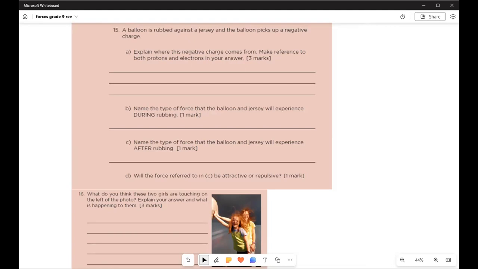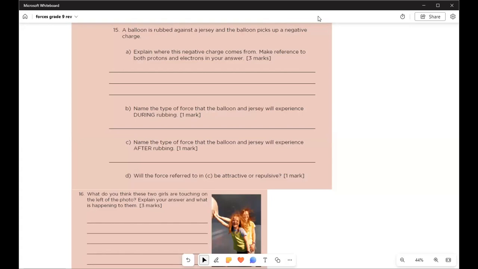Now, they say explain where these negative charges come from. Make reference to both protons and electrons in your answer. Okay. For this one, to save time, I'm not going to write. I'm just going to explain. When we rub the balloon and the jersey, there is a frictional force between the two objects.